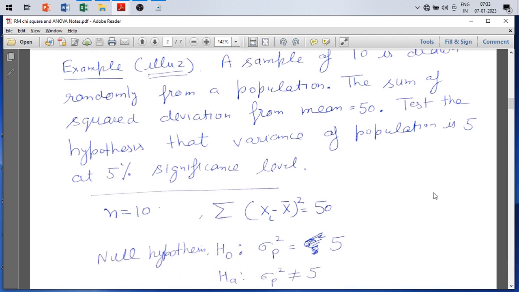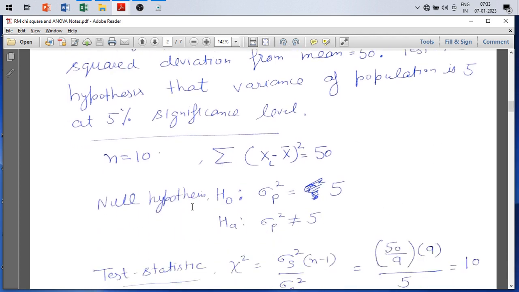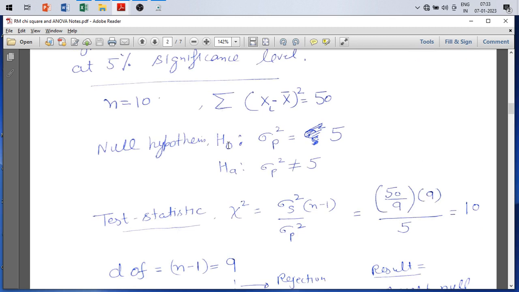The null hypothesis is that the variance of the population, which is the square of the standard deviation, is 5, and the alternative hypothesis is that the variance is not equal to 5. And we have to do a chi-square test here.